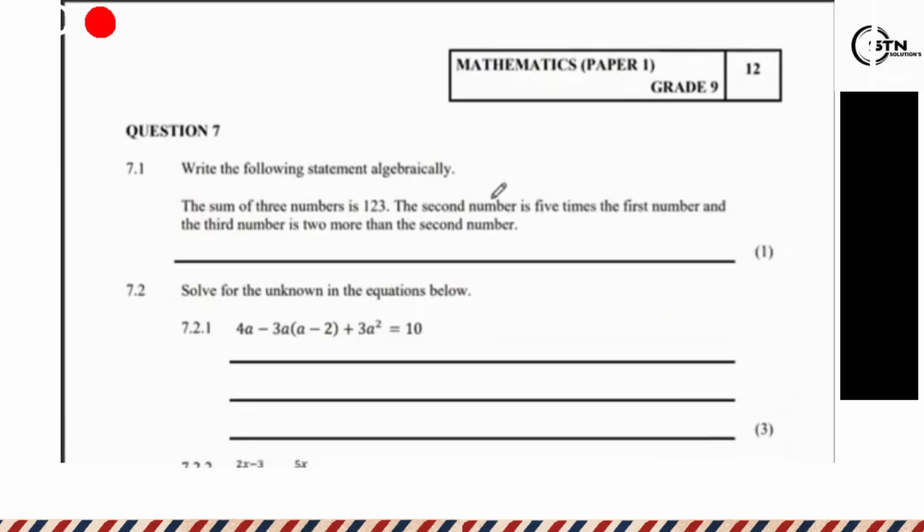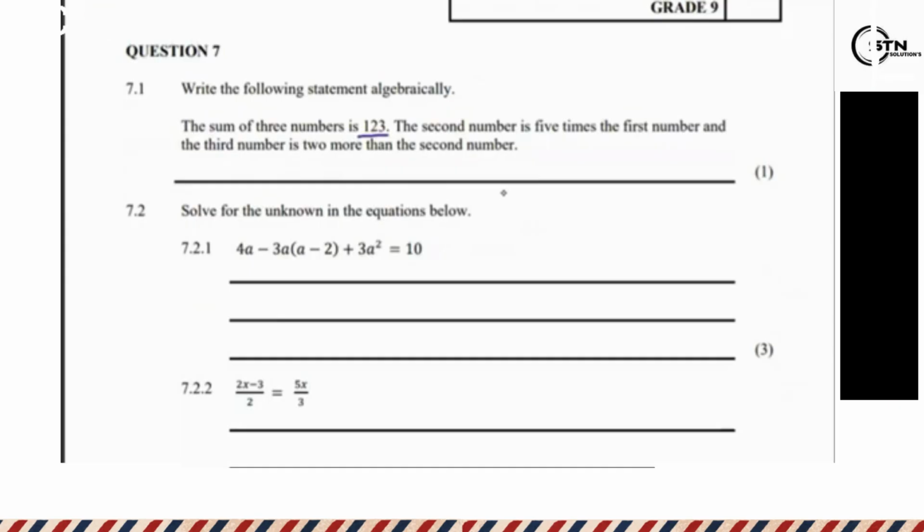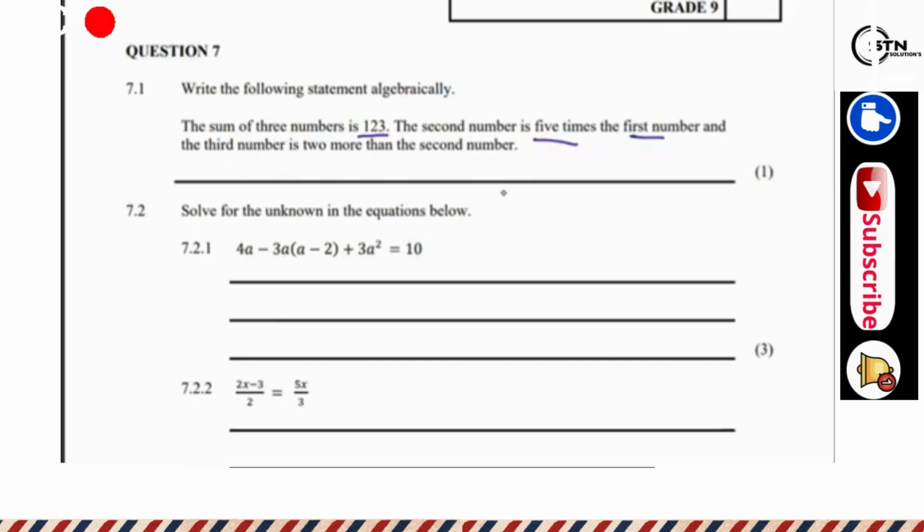All right. Then question number 7. They want us to write the following statement algebraically. Okay. Now we're going to the equations. We are looking at the equations. Okay. So the sum of 3 numbers is 123. The second number is 5 times the first number.